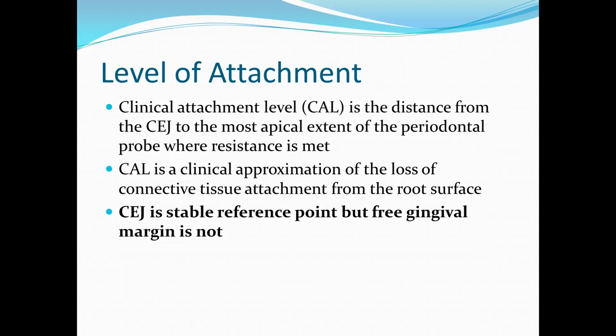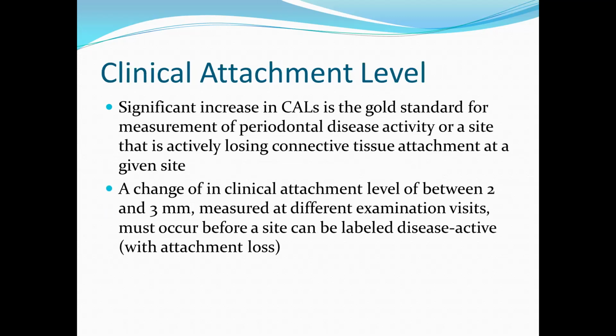How's that for making things confusing? But the CEJ is considered the stable reference, so that's what you're always going on, and not the free gingival margin, because that free gingival margin can move, apical or coronal.